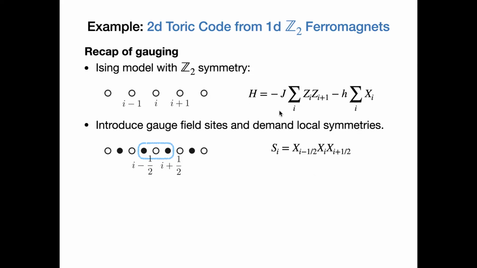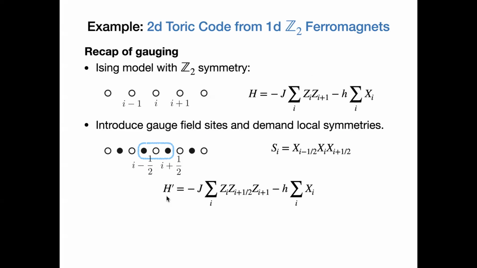We want to demand this local symmetry, but this Hamiltonian does not commute with this symmetry generator, so we need to modify the Hamiltonian. The single X term, the transverse field term, is already symmetric, so we don't need to do anything to this term. But the ZZ term is non-symmetric, and the minimal way of modifying this term to make it symmetric is to just add another Pauli Z acting on the gauge field site between the original two matter field sites.